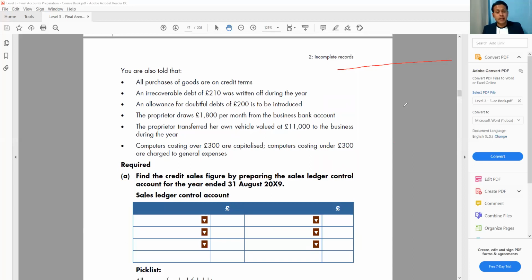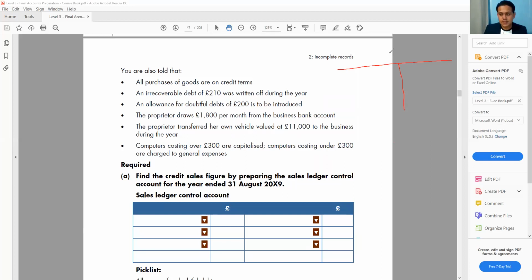Irrecoverable debt means the debt is not possible to recover. When you are 100% sure this money you cannot recover from the customer, we call it irrecoverable debt. So I have to write it off.